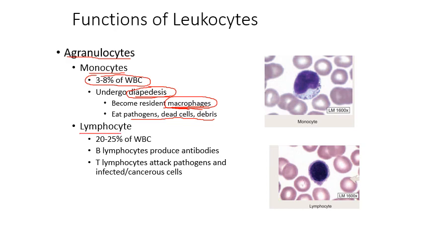And then the other agranulocytes, the ones we'll spend a good amount of time on, are the lymphocytes. They make up 20 to 25% of white blood cells, and they fall into three categories: the B lymphocytes, the T lymphocytes, and, as we'll see, the null cells.